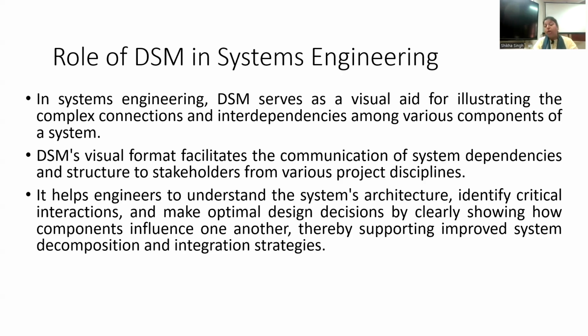How? For example, the way I've shown in the network diagram, there is an activity X3 which is depending on X2, right? Now X2 is required to be completed in advance. Then only X3 can be started because X3 needs the information from X2.